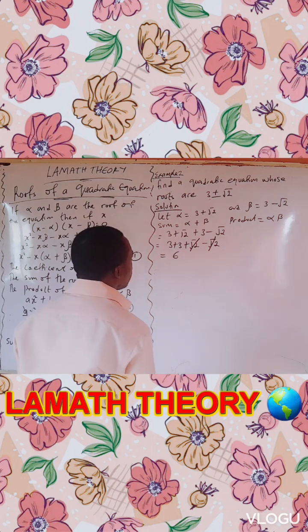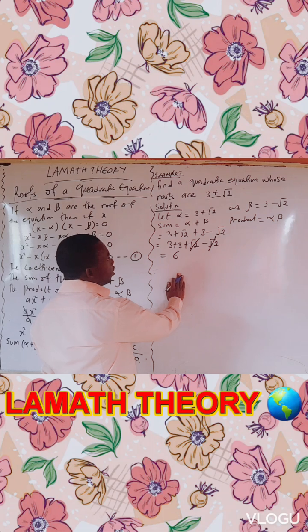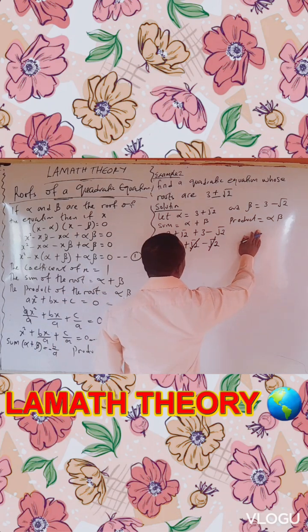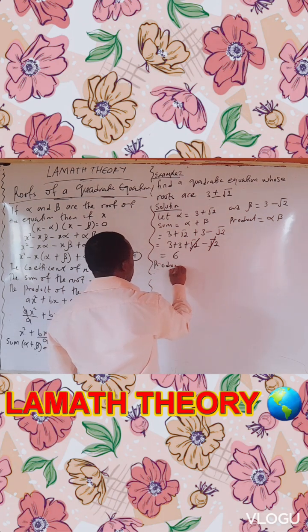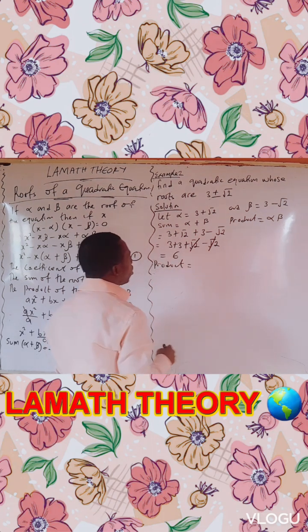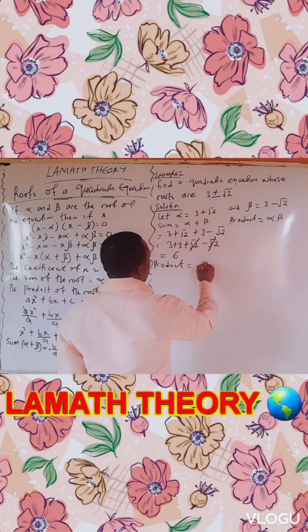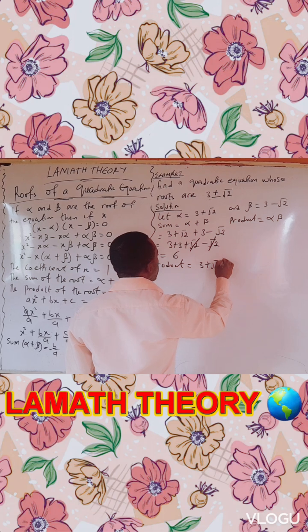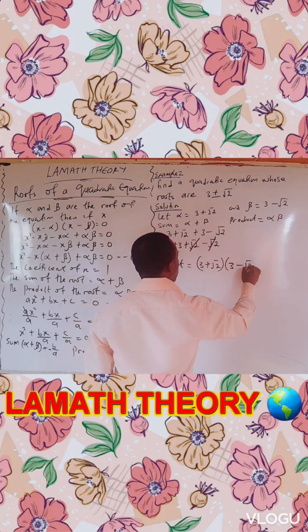That is for the sum. Now let's look at the product. The product is alpha and beta. So we have 3 plus root 2, close the bracket, then 3 minus root 2.